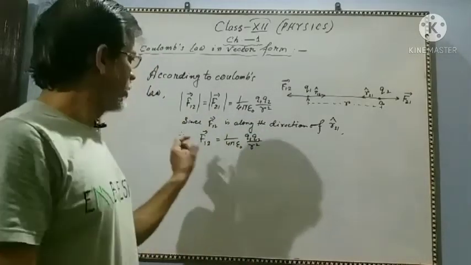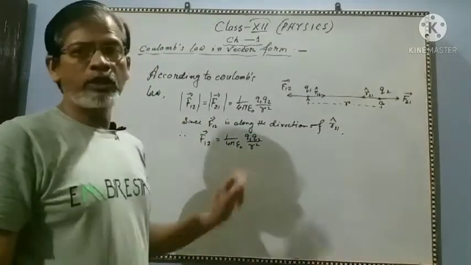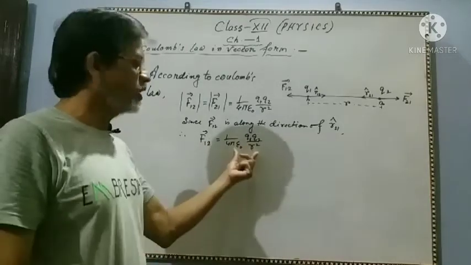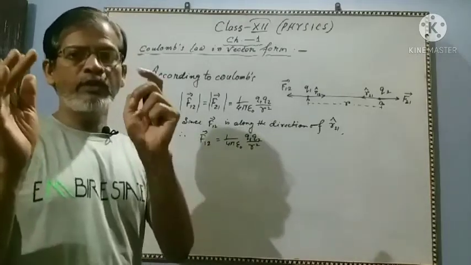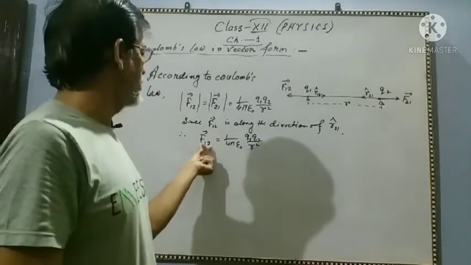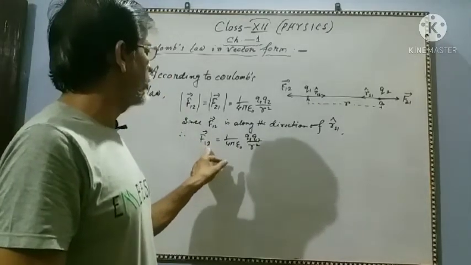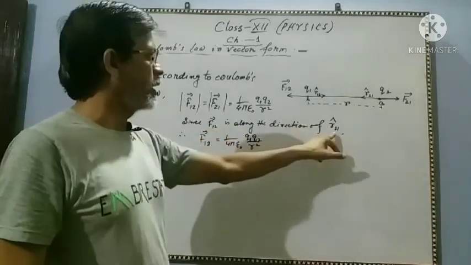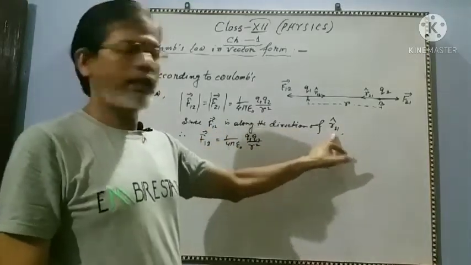No, because this side is vector, this side is not vector. So to make it vector, we have to multiply with a unit vector along this direction. So what is the direction of F12 vector? F12 vector and R21 cap.